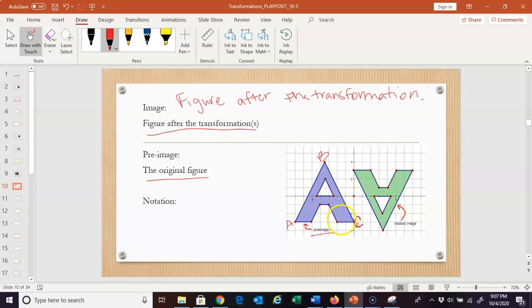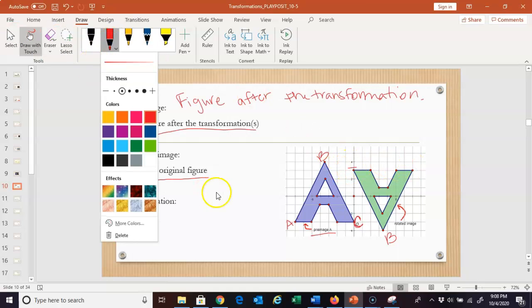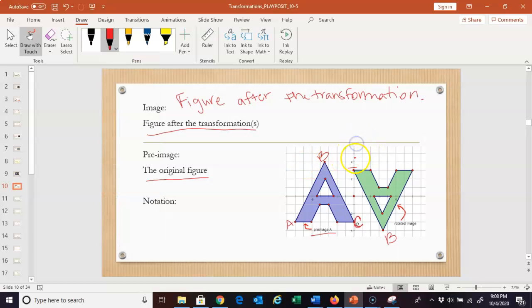So this would be B, this would be A, and this would be C. Whoops, I got that flipped. Hold on. Because they're rotating it, this would be C and this would be A. That doesn't much matter for what I'm trying to show you in this example.